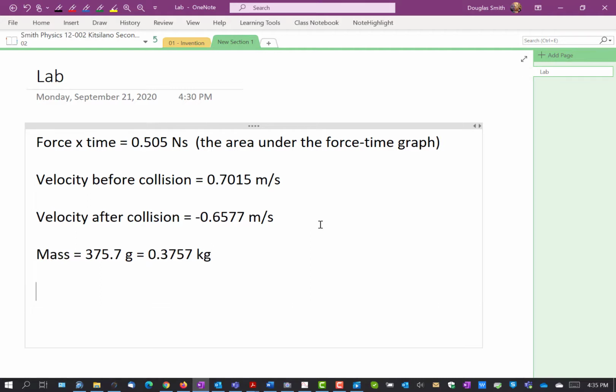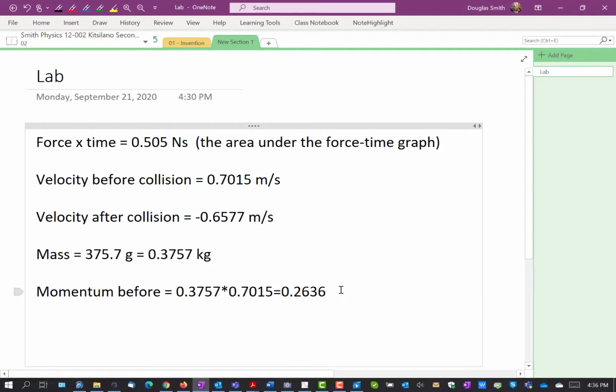Well, what's something we could calculate? We could calculate the momentum before. So that's equal to 0.3757 times 0.7015. Okay, so that's kilograms meters per second.